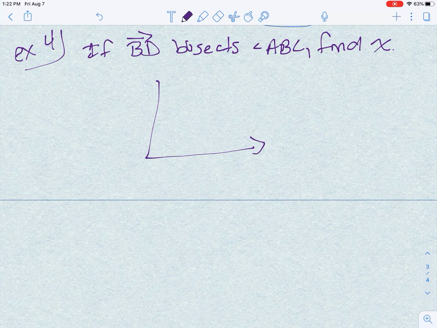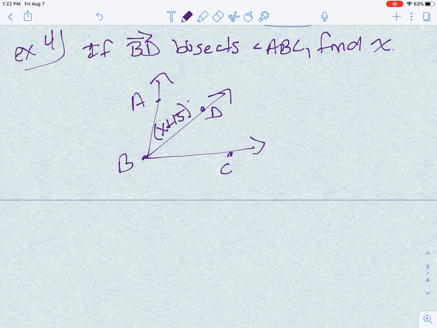So here's your angle ABC. Here's your ray BD, and I'm going to tell you that this little guy here is (x + 15), and this one down here is (4x - 45). Go ahead and pause the video and solve that one.